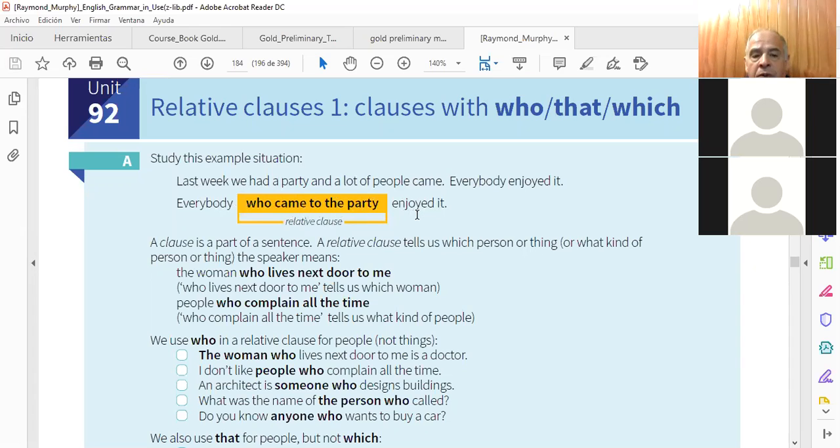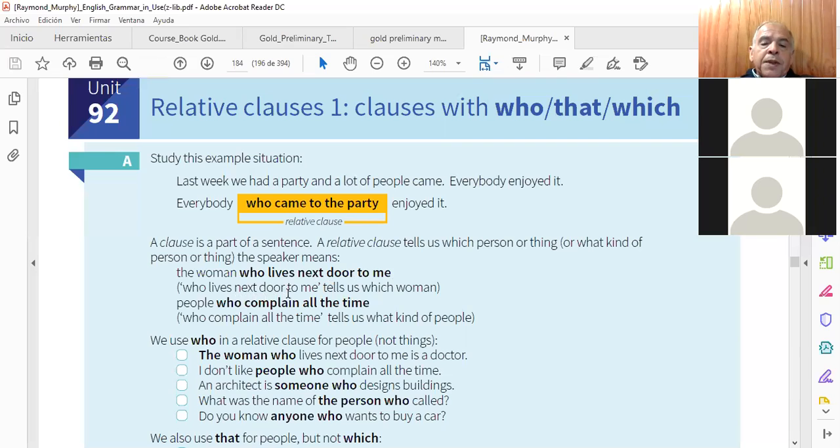Okay, so I'm going to read this part. It says, a clause is a part of a sentence. A relative clause tells us which person or thing or what kind of person or thing the speaker means. For example, the woman who lives next door to me.